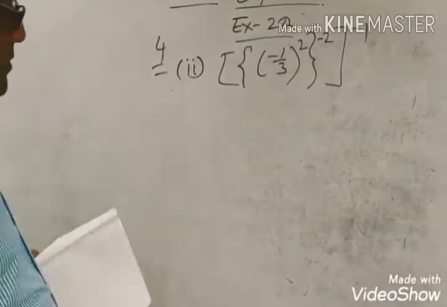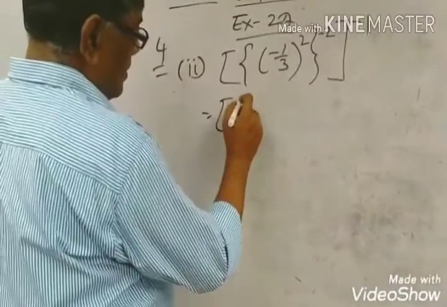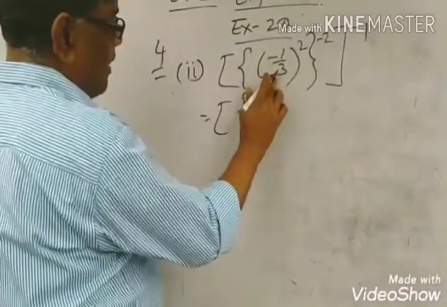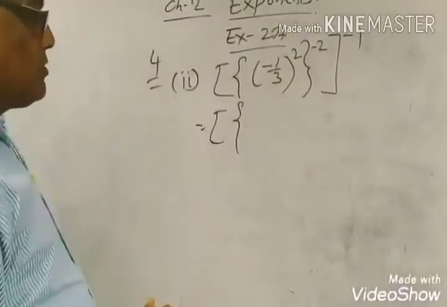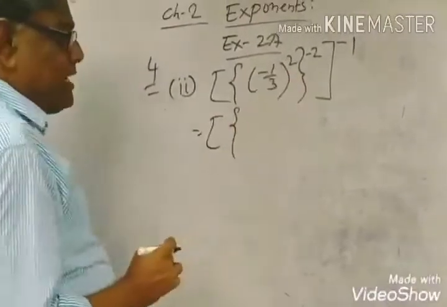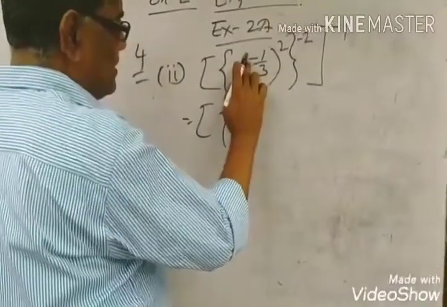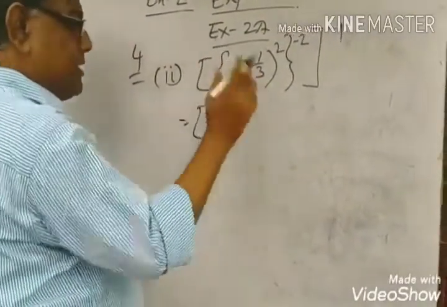Evaluate (-1/3) whole square. Here the exponent is an even number, so the minus sign will be a positive sign.